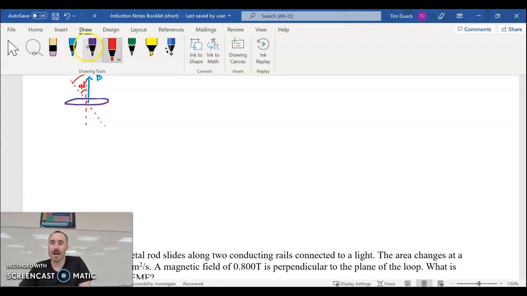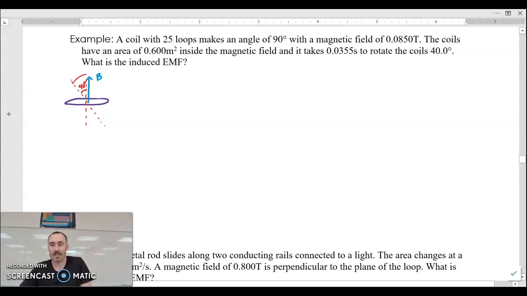Our loop is now oriented like this instead. But the loop part doesn't really matter, that's kind of just messing up my diagram. So I'm just going to leave the normal line in there, because that's what we're measuring from anyway.